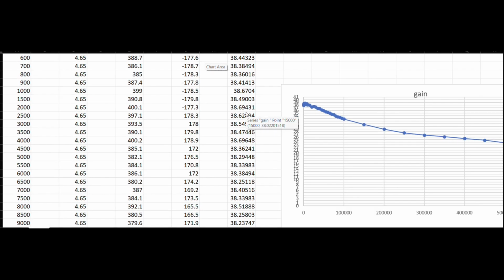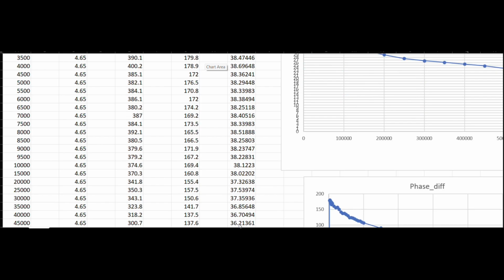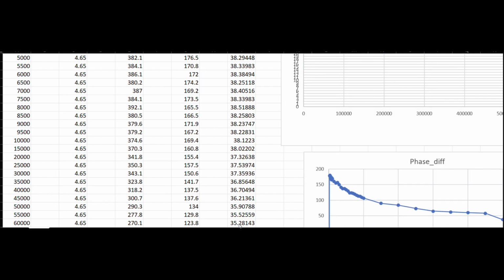So the maximum occurs at this point at 4000 hertz frequency, and its value is 38.6964. So the 3 dB cutoff will be around 35.7, and its corresponding frequency is 50,000 hertz. So the 3 dB cutoff will be 50,000 hertz.